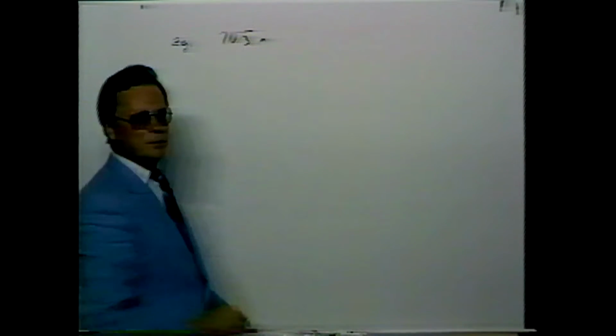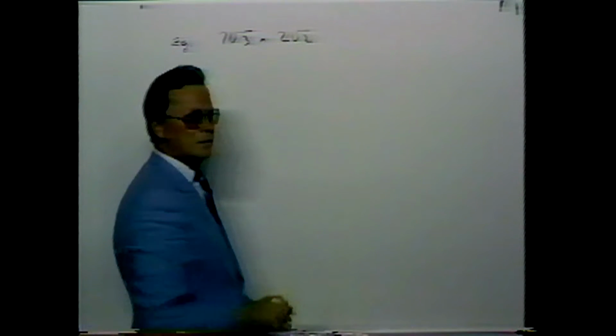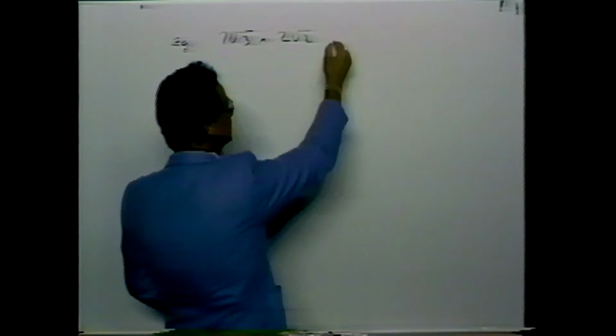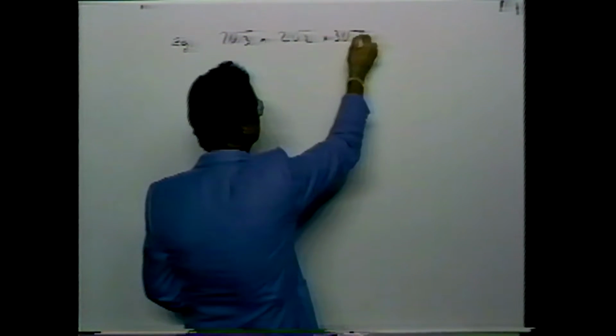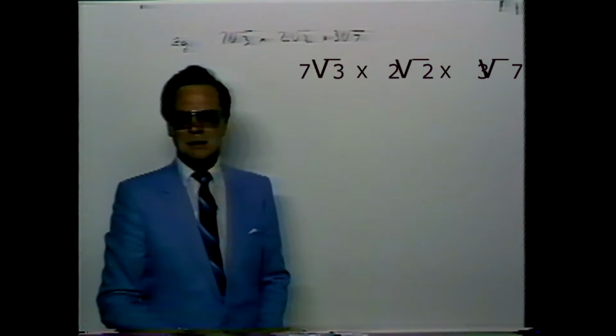Another example is 7 square root 3 multiplied by 2 square root 2 multiplied by 3 square root 7. Notice, in this example, I have mixed radicals in the problem.